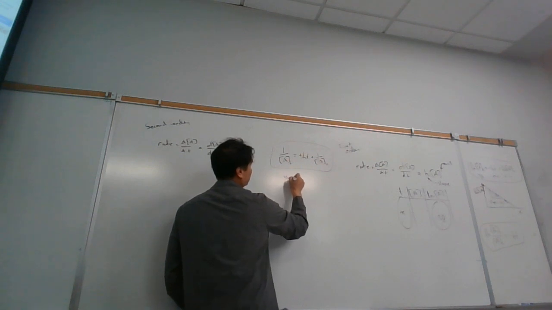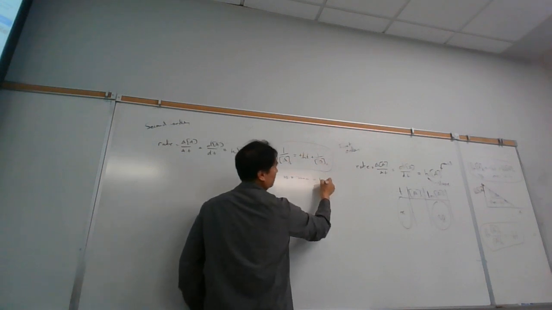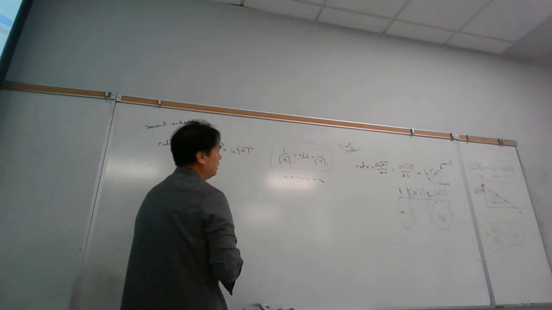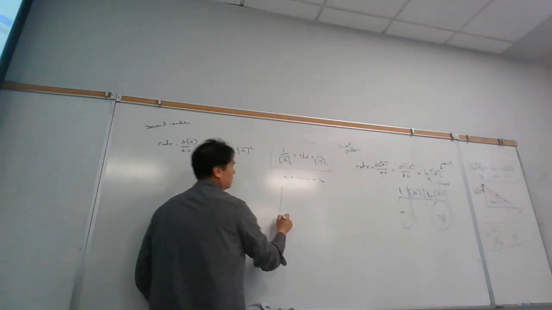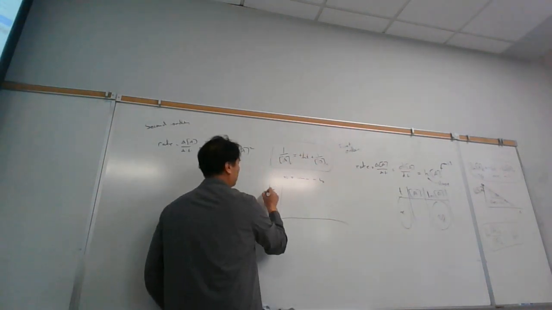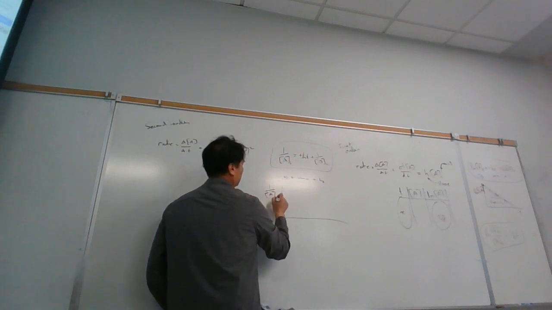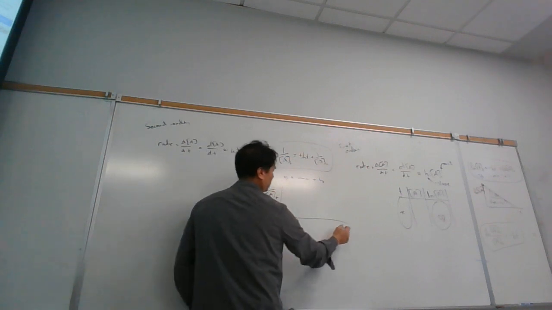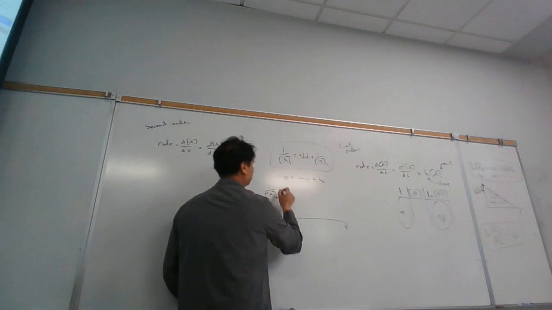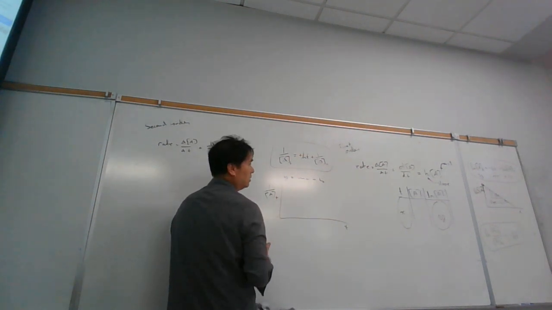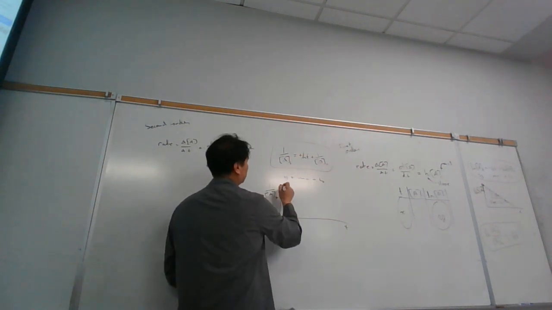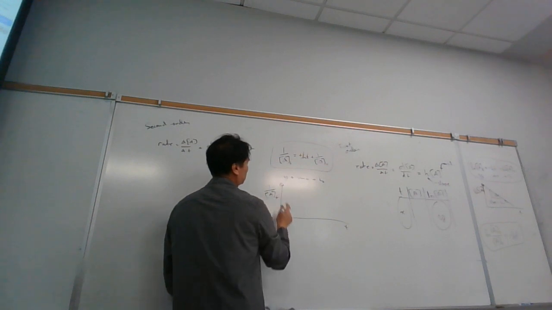But this also has the form y equals mx plus b. So if we do a plot here, we make a different kind of plot. We would plot 1 over A at time t, and then this would be t. The initial starting point would just be 1 over A at time 0 here.